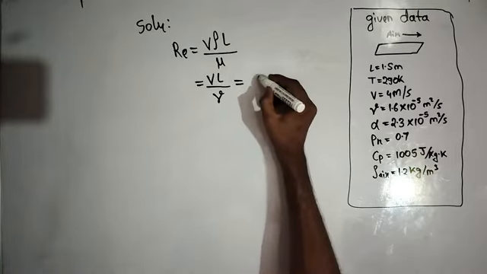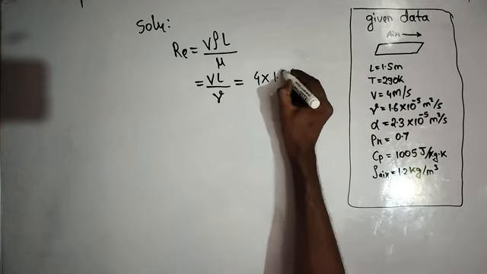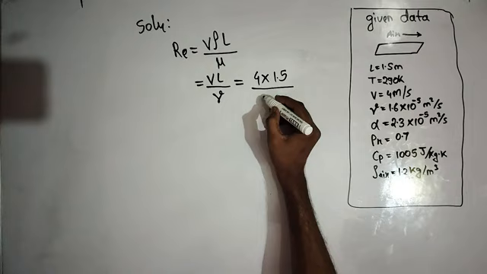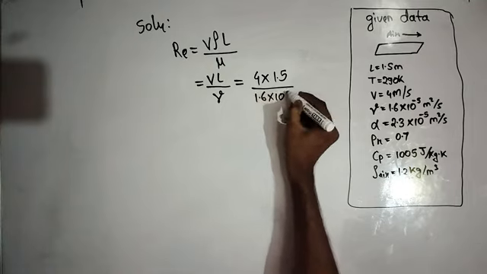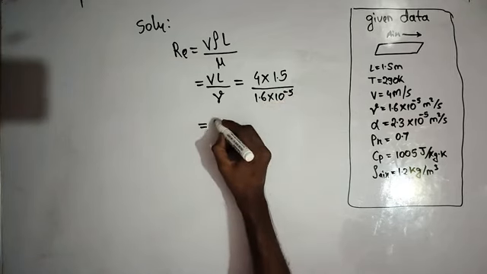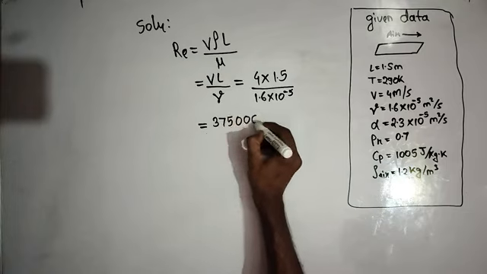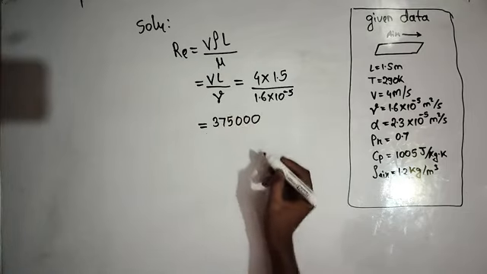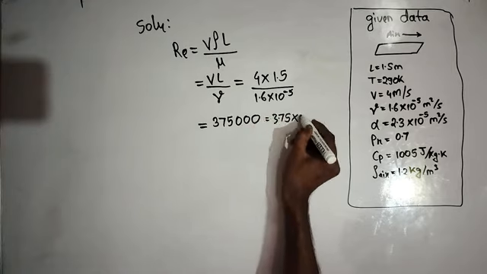So the velocity of the air is 4 and length we have taken as 1.5, and kinematic viscosity is given as 1.6 into 10 raised to power minus 5. So from this we get our answer as 375,000, which is 3.7 into 10 raised to power 5.